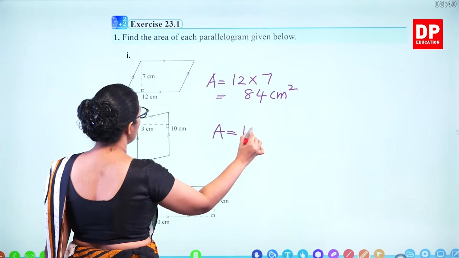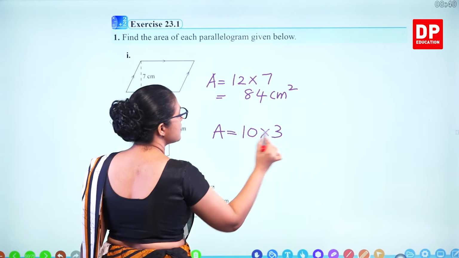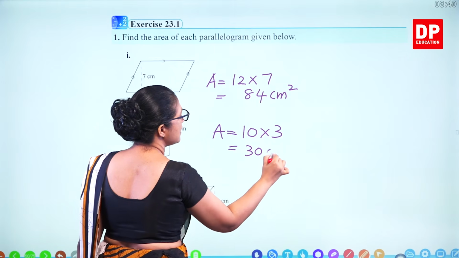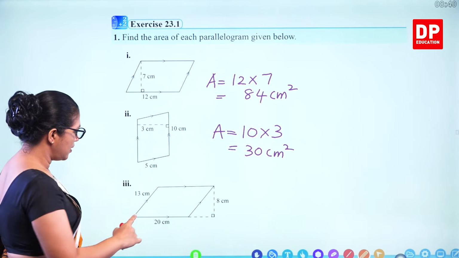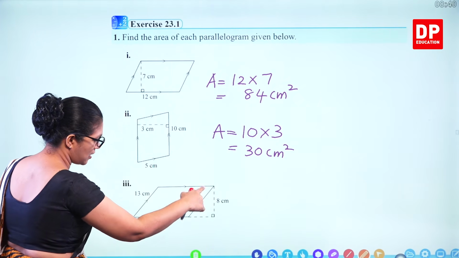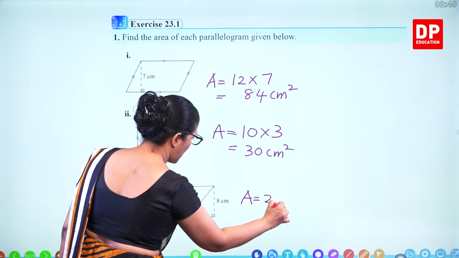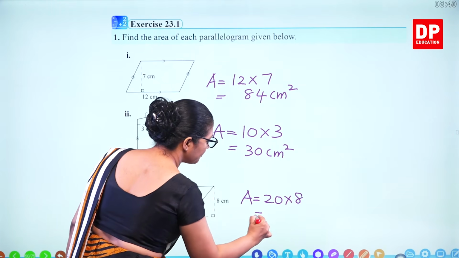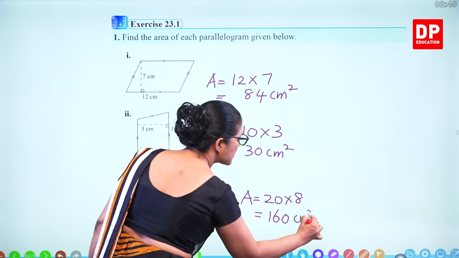Area is equal to 10 times perpendicular height, which is 3. 30 square centimeters. What about this one? This is the base and this is the perpendicular height corresponding to that. So area becomes 20 times 8 now. 160 square centimeters.